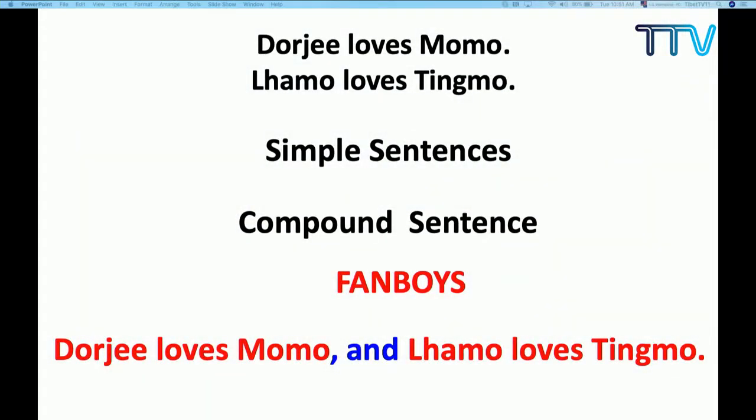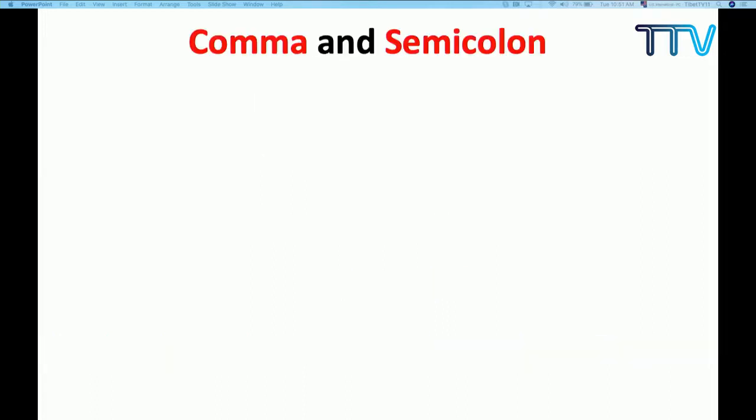Now, this is an example of a compound sentence because we have two independent clauses. So this is a compound sentence. Now, do you see the difference between a simple sentence and a compound sentence?